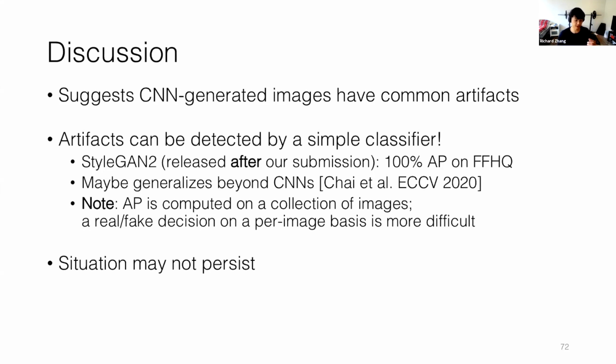Also, this situation here may not persist. GANs themselves are trained with a discriminator, and we explored this connection before. It turns out that they don't reach the Nash equilibrium right now, but perhaps someday they will, with a discriminator that's infinitely large. And if that happens, then even if you freeze the generator after the fact, the discriminator won't be able to pick up anything.